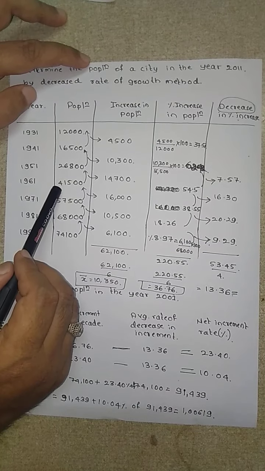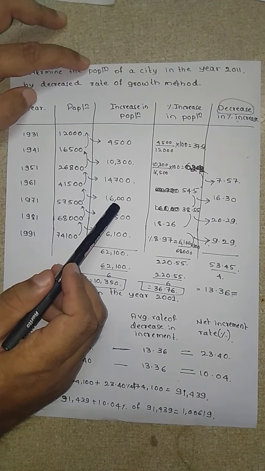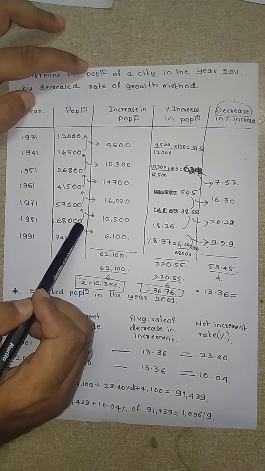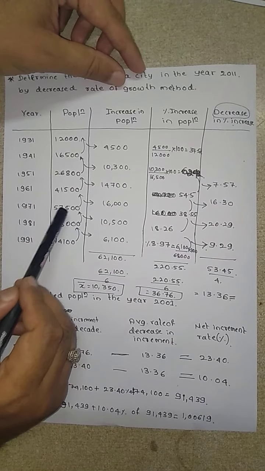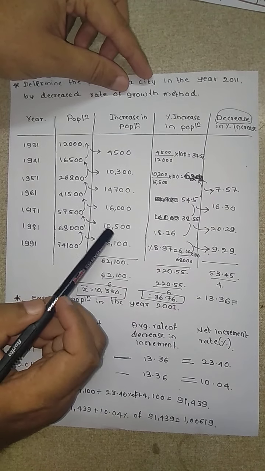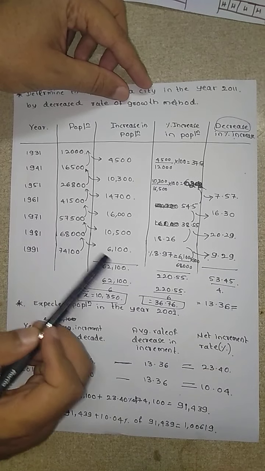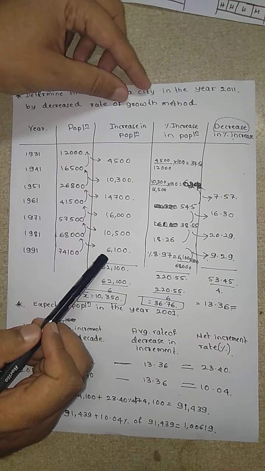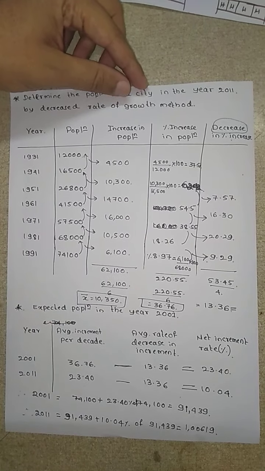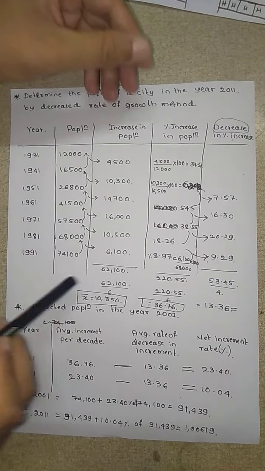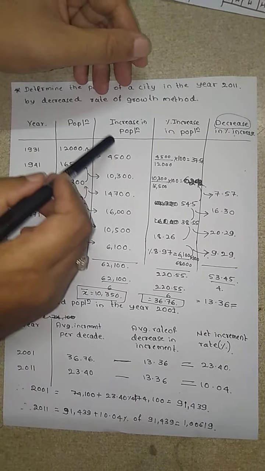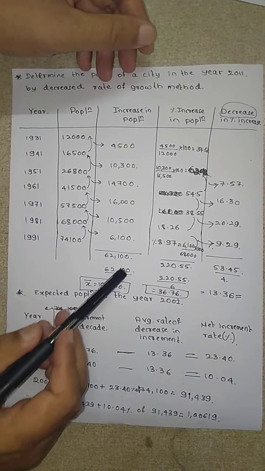Then 57,500 minus 41,500, we get 16,000. Then 68,000 minus 57,500, we get 10,500. 74,000 minus 68,000, we get 6,000. Here we have calculated the total of this, then found the average.